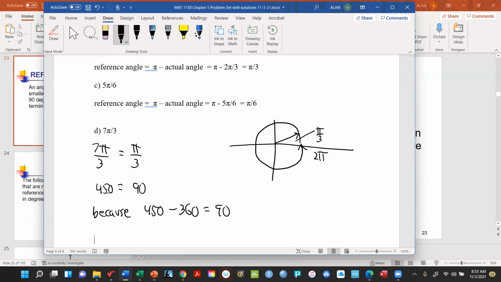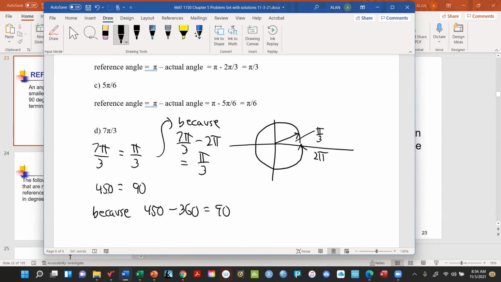And up here, this is because 7 pi over 3 minus 2 pi is pi over 3. So in other words, every time you go around the circle once, you're basically starting all over again. So 7 pi over 3 is the same as pi over 3. It's the same angle. Just like with degrees, 450 is 90 because you're going around the circle once and then another 90.